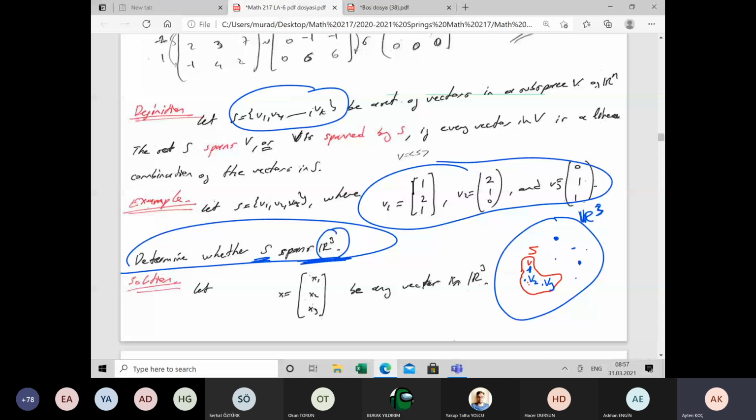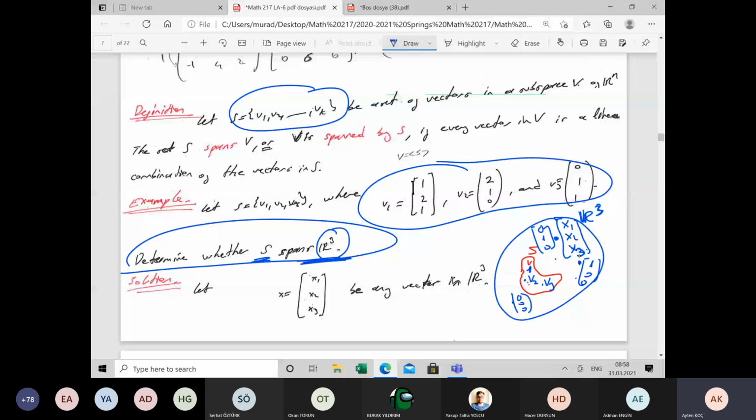Arbitrary means x1, x2, x3 are not fixed entries. It may be 1 0 0, another one 0 0 0, another one 0 1 0, but it is not possible to check every vector, so take the arbitrary vector x1, x2, x3, real numbers.